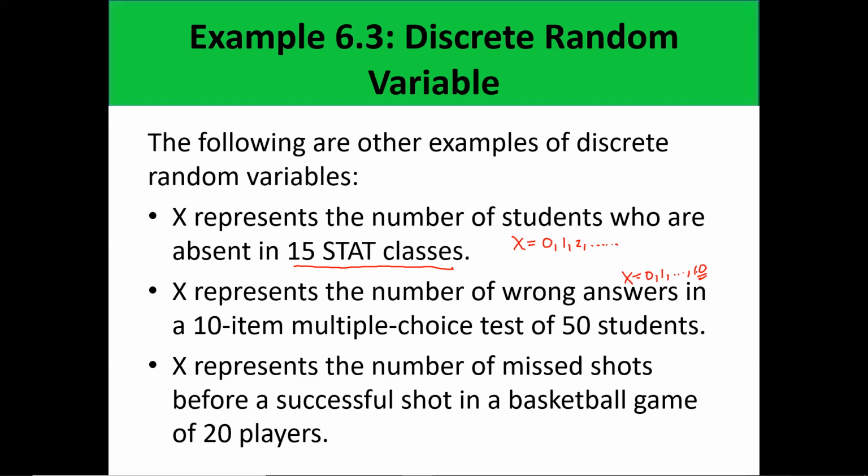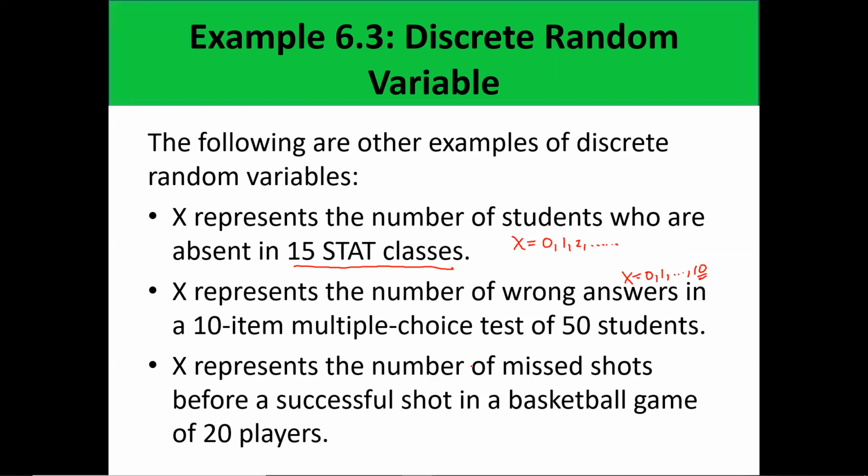Now, for the third example, x represents the number of missed shots before a successful shot in a basketball game of 20 players. For example, the first player could miss 5 shots before making his first successful shot. The second player could have 7 missed shots before making the first successful shot.